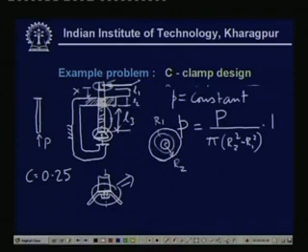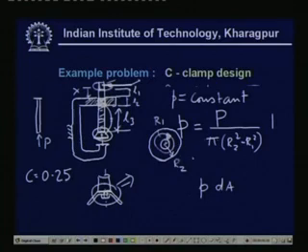And then how to calculate the torque from it? Given a small area dA, the frictional force will be mu times the pressure on it. The normal force on this elemental area dA will be P times dA.